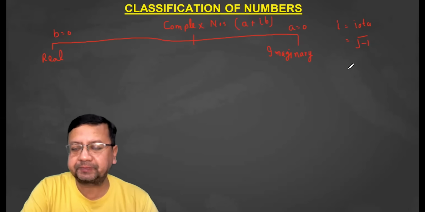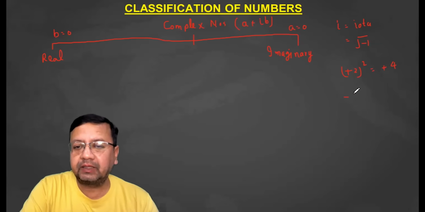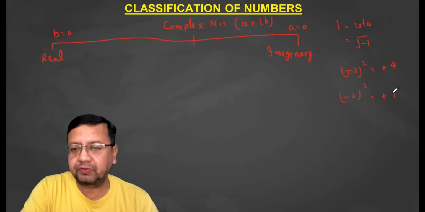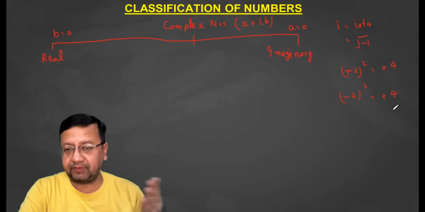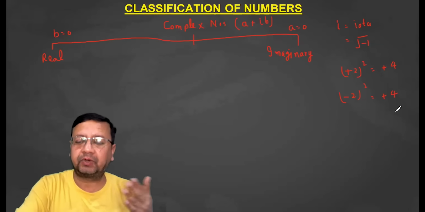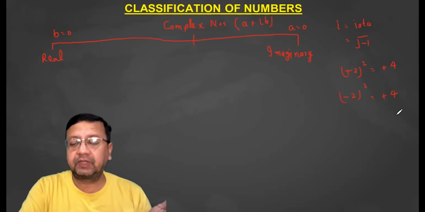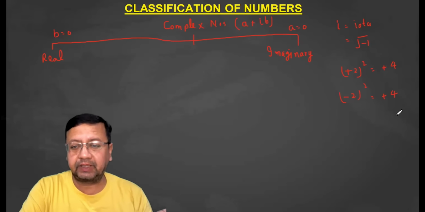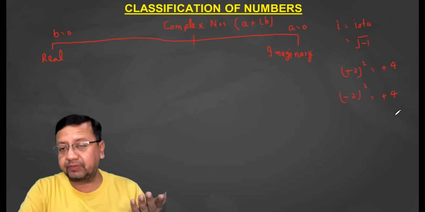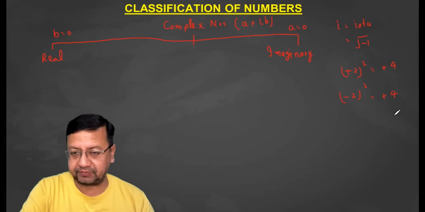For example, plus 2 whole square. This is what? Plus 4, right? Minus 2 whole square. This is what? Plus 4, right? So our understanding is that if there is some positive quantity or some negative quantity, when we do the square, the answer is always positive, right?